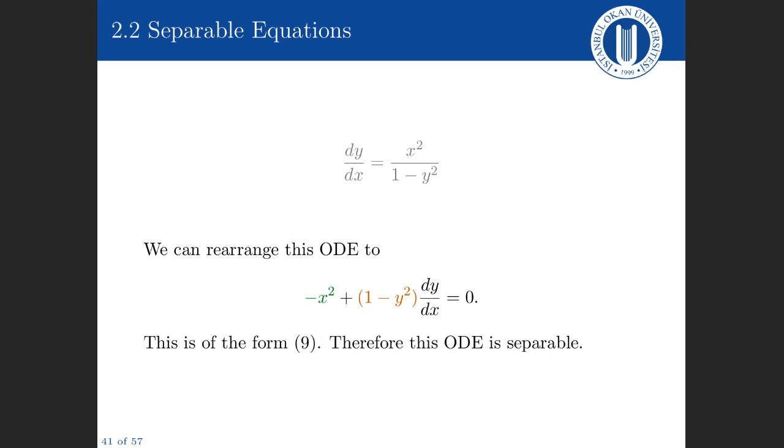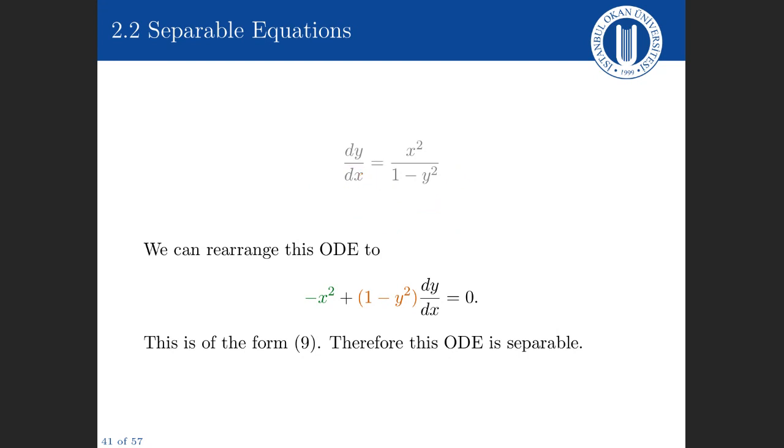So this 1 minus y squared, I can multiply both sides by 1 minus y squared to move this to the left. And then dx, if we multiply both sides by dx, we can move this to the right.